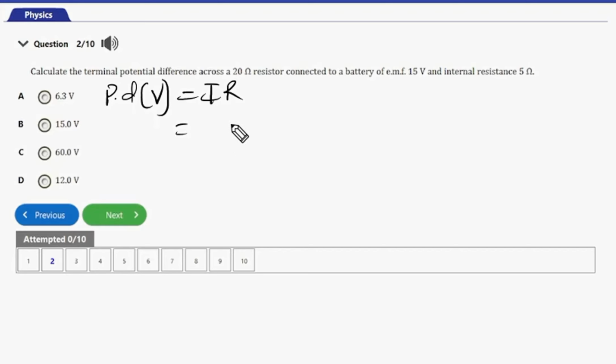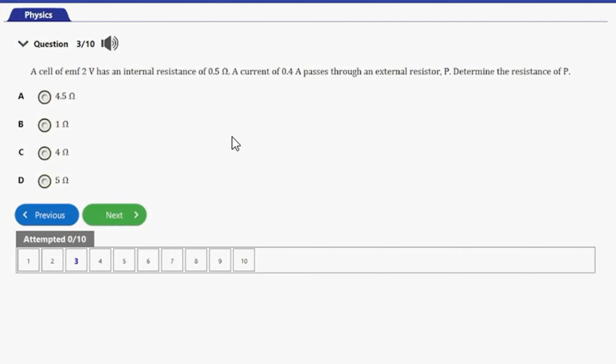When we plug in the value of I, which is 0.6, and multiply it by this resistance R, which is 20, the potential difference V is equal to 0.6 times 20, and this will be 12 volts. And that's it for this question. Option D is the answer. Let's wipe this and consider the next question.